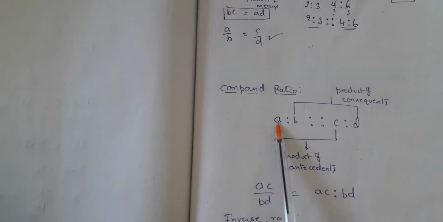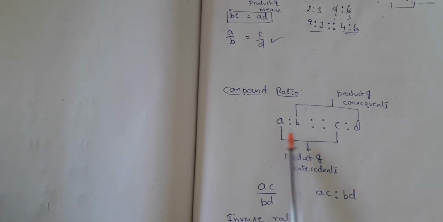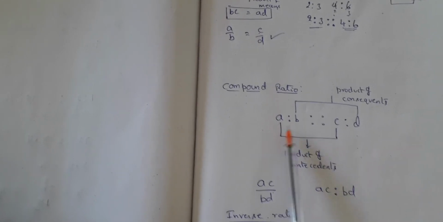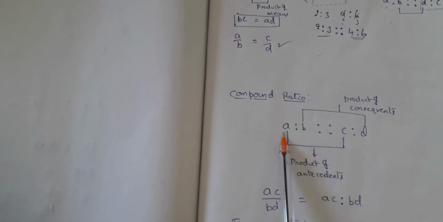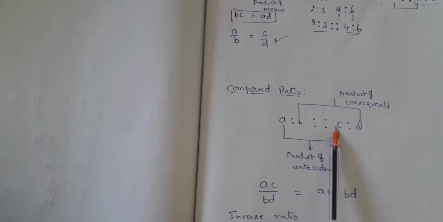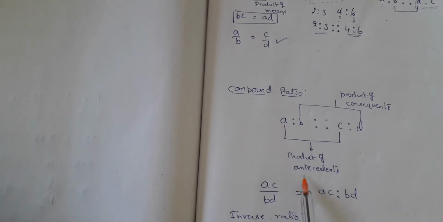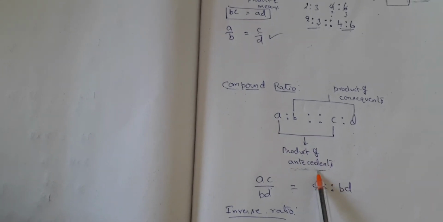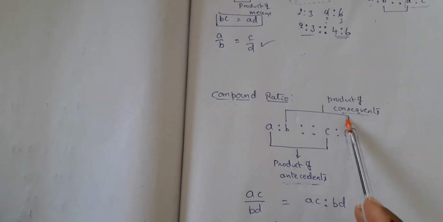So here we take the numerators of the two ratios together. We write A by B here, C by D here. That means these two form the numerators of the two ratios. These two numerators we call antecedents, and the denominators we call consequents.